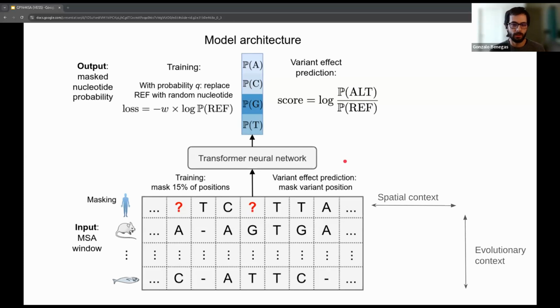That is what we consider a neutral score. But if the model gives a low probability to the alternate, such as finding that it is really an outlier, then this score will be very negative. And that is how we consider a site predicted to be functionally constrained.